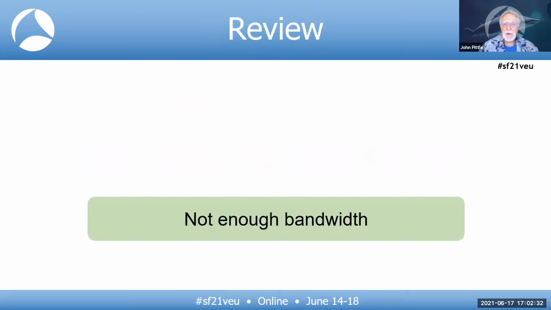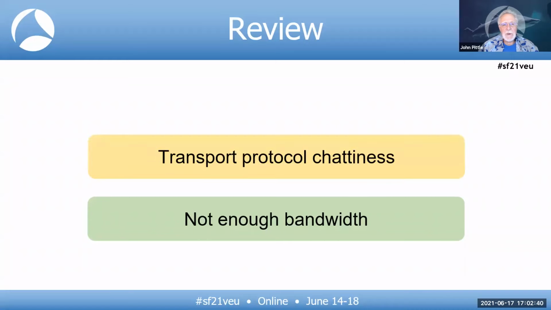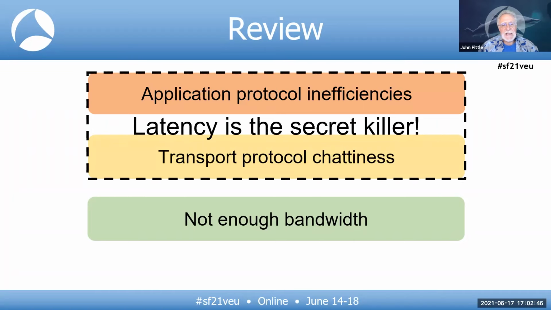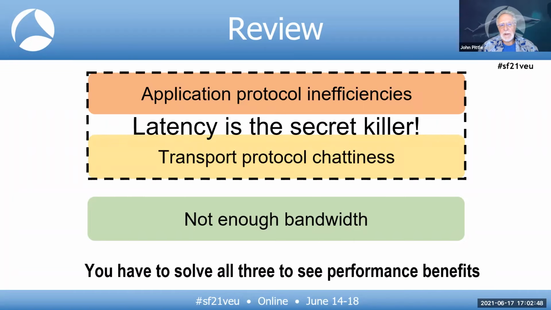So quick review. Again, we're going to move quickly so we can get to some Wireshark samples. Challenges to user performance: not enough bandwidth, transport protocol chattiness, application protocol inefficiencies, and latency is what drives those top 2 crazy. And ultimately, you have to solve all 3 to see performance benefits.